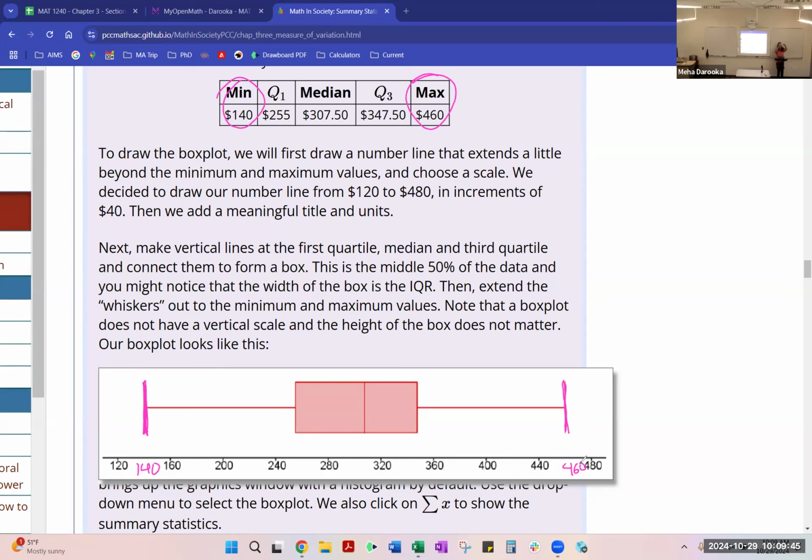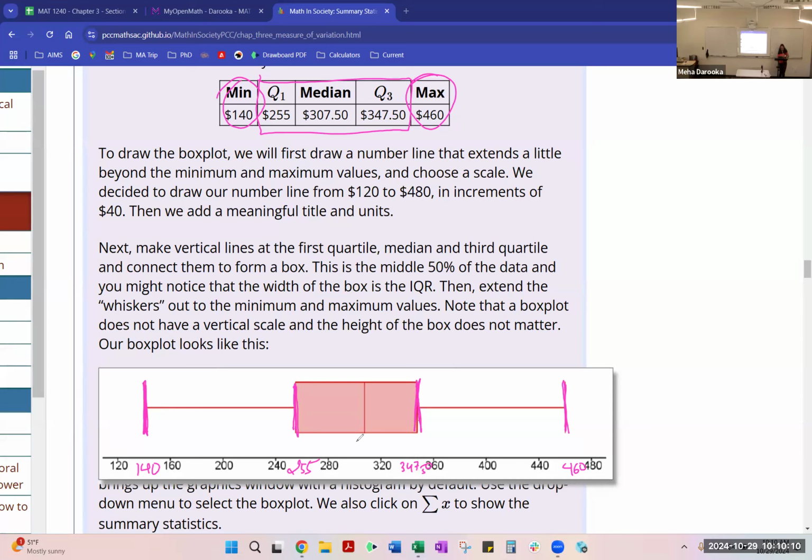And then the box is where those medians come into play. So quartile 1, quartile 2, quartile 3 is what creates the box. This value here represents quartile 1, and you can see that's at 255. So this is where our 255 would be, somewhere in there. Quartile 3 was at 347.50, so 347.50 would be somewhere in there.